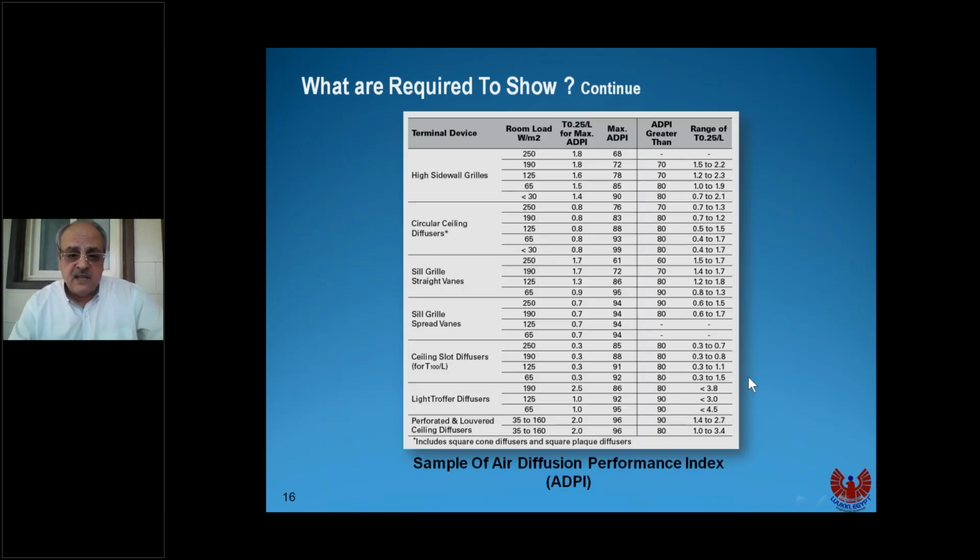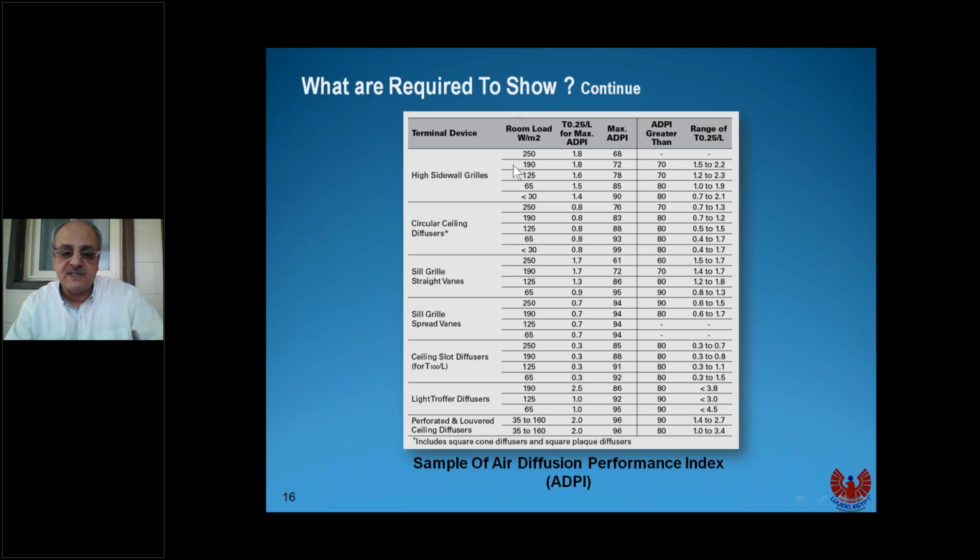And here are some ideas about the air diffusion performance index. By the way, for common places like offices and commercial buildings, the air diffusion performance index shall not be less than 80%. This means that we need to be more than 85 to 90% for the isolating rooms.